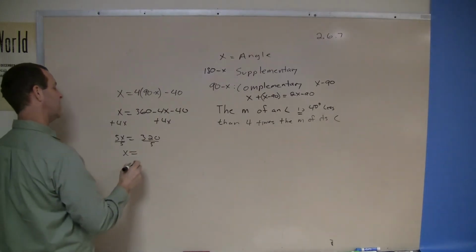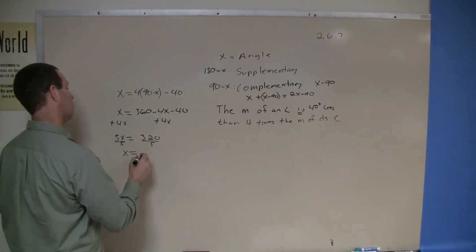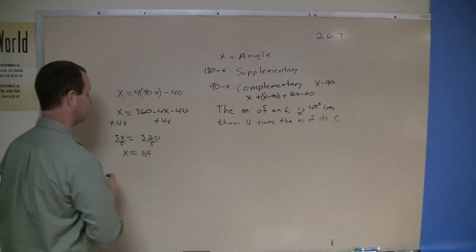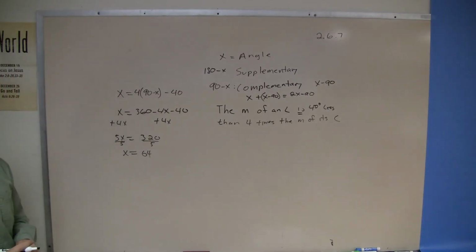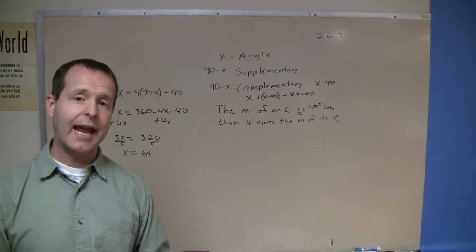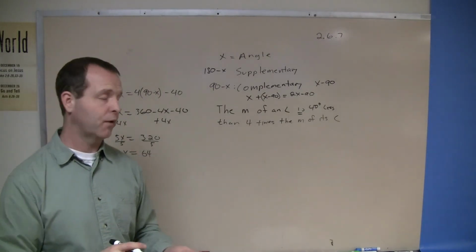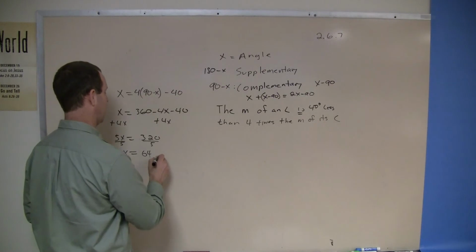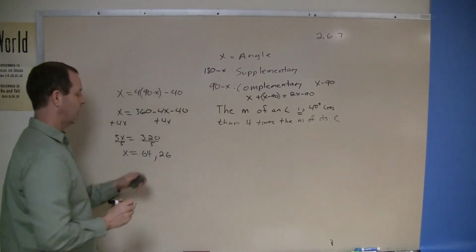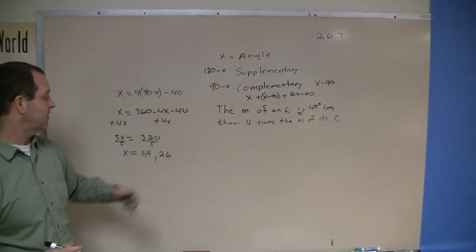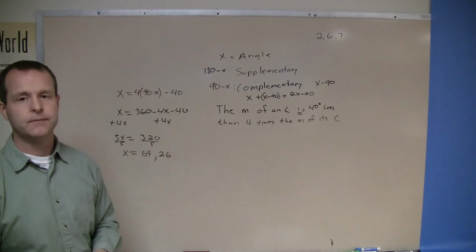And I'm left with 64 degrees. So the measure of an angle is 64 degrees. And its complementary angle then would have to be 26 degrees, because these two angles have to add up to 90 degrees total.